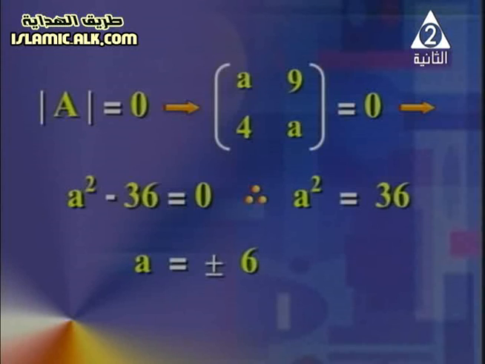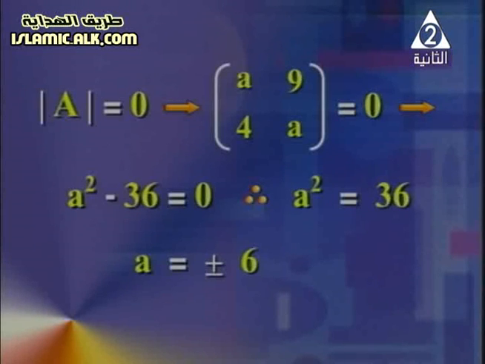Dear student, when the matrix has no multiplicative inverse, to find the value of A, we set the determinant of the matrix equal to 0. This matrix is a square matrix. A square matrix has 2 rows and 2 columns.